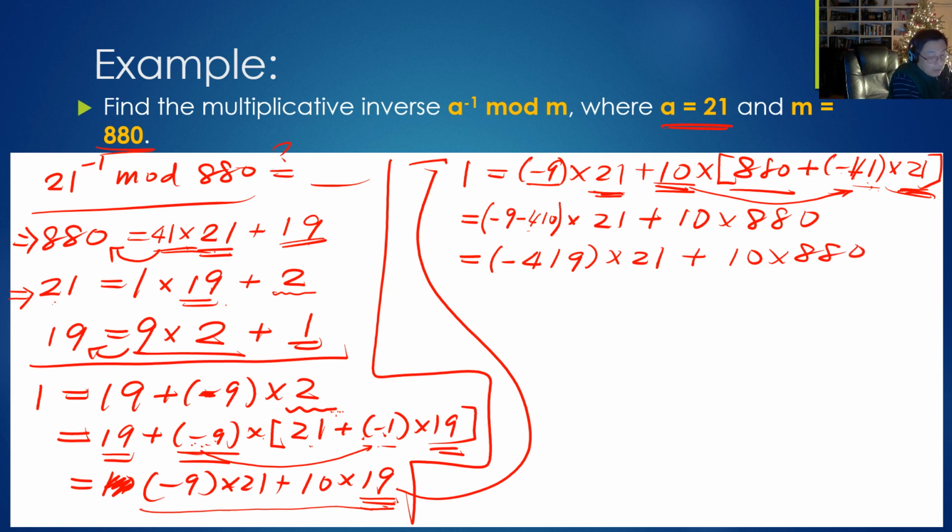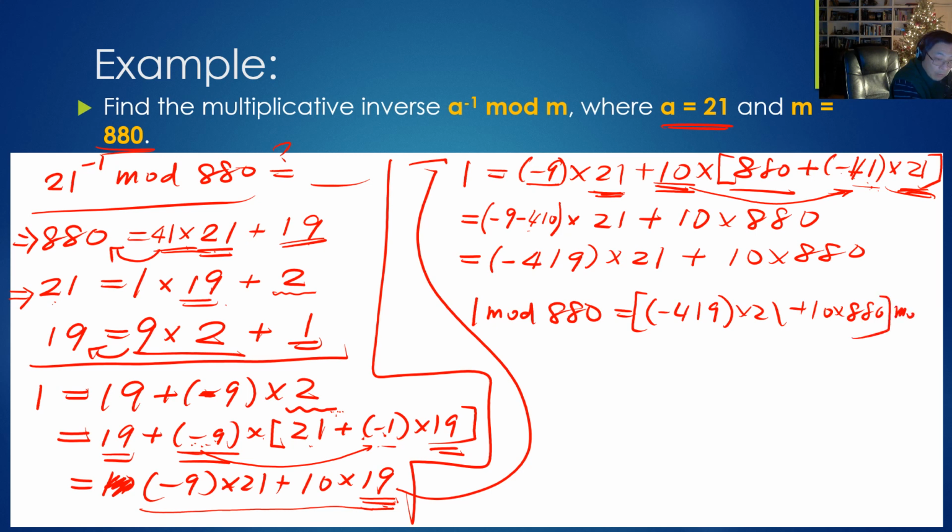Now what do you got? I can apply the modular operation, modulo 880. On the left side, 1 mod 880, and on the right side, minus 419 times 21 plus 10 times 880 mod 880.